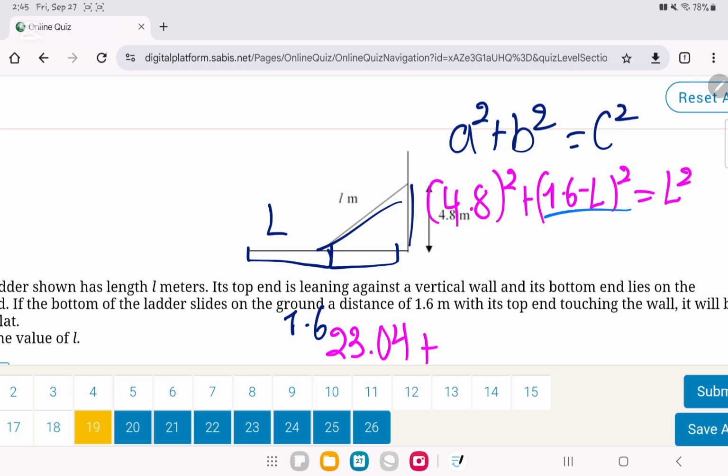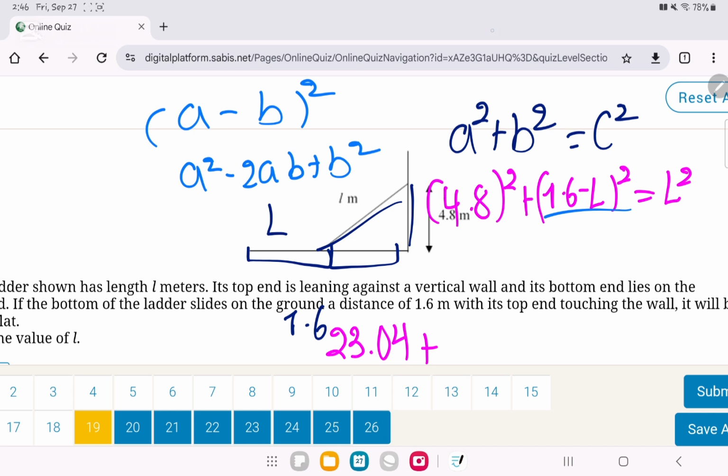Now this one we follow the rule, (A minus B) squared is A squared minus 2AB plus B squared. Now we have 4.8 squared, which is 23.04, plus 1.6 squared, which is 2.56, minus 2 times 1.6 times L, which is 3.2L, plus L squared, is equal to L squared.